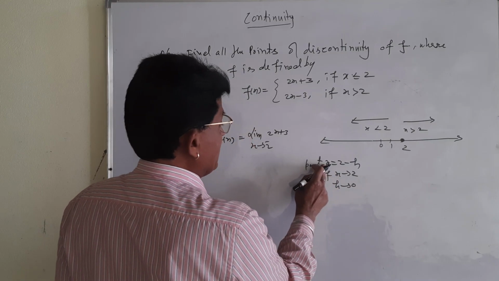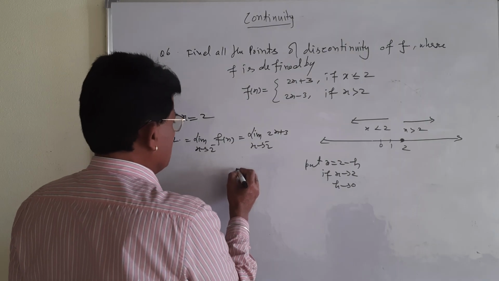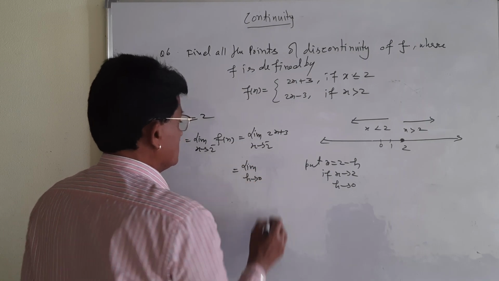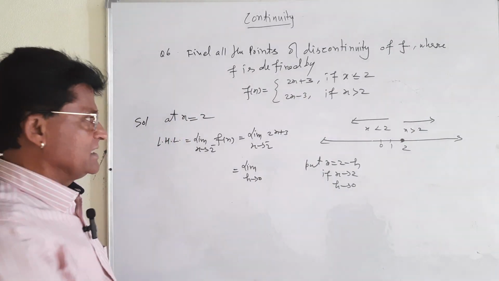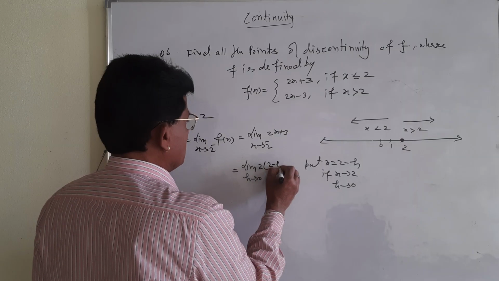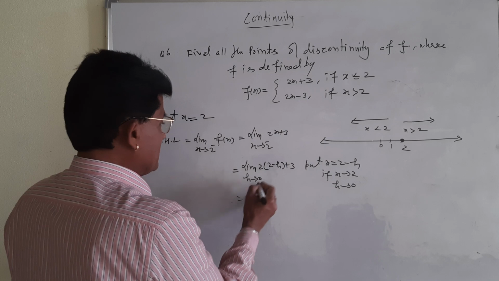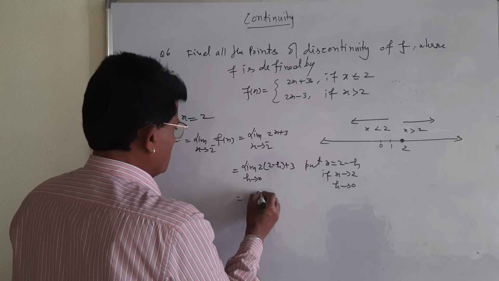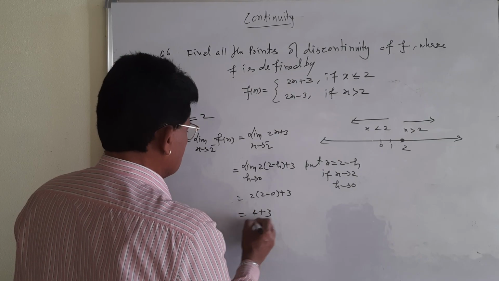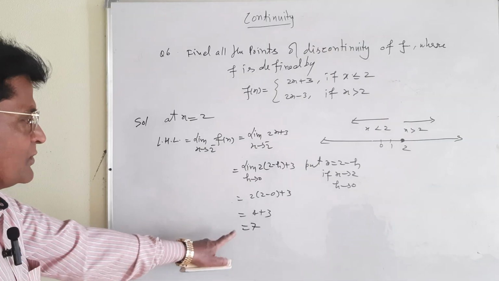Limit h tends to 0, in place of x, 2 minus h. Take the limit now. It will be 2 times 2, 4, plus 3, that will be equal to 7. Left hand limit at 2 is 7.